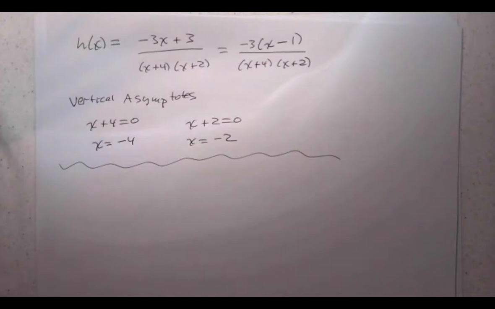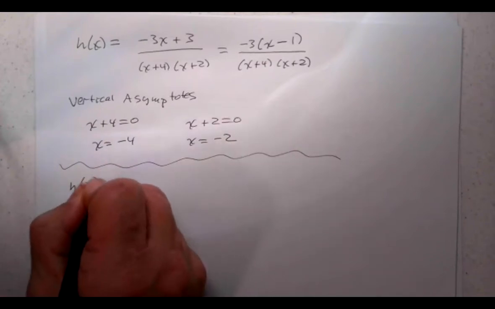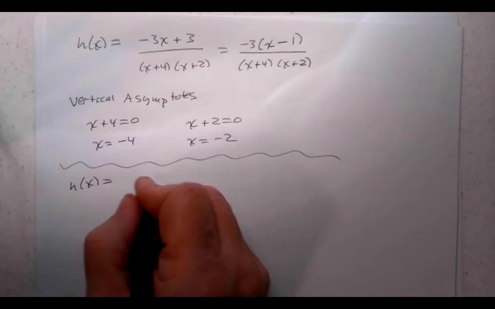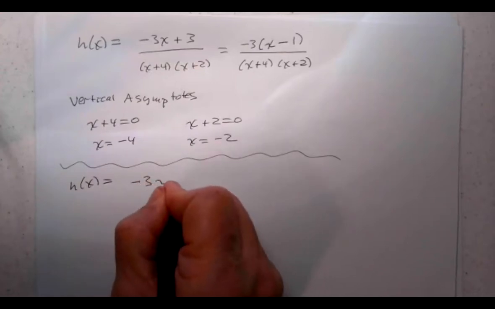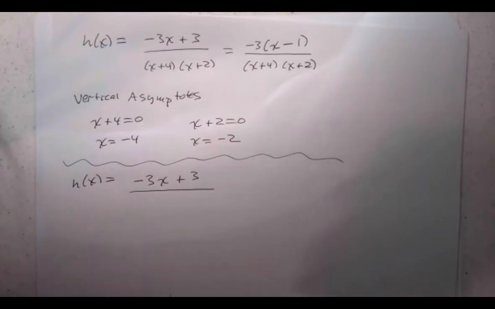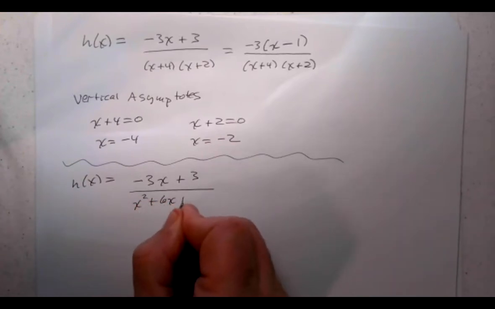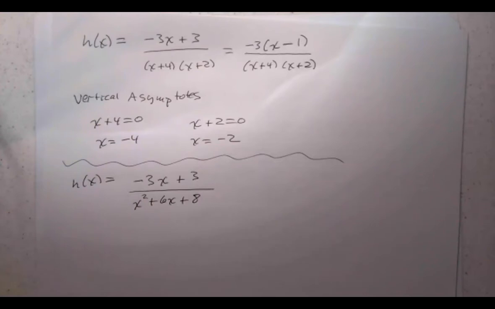Now, how about the horizontal asymptotes? To do that, I'm going to go back to my original version of this, multiplying in the x plus 4, x plus 2. My original version was negative 3x plus 3 over x squared plus 6x plus 8. And what do you notice? The degree of the bottom, the highest power of the bottom, is 2.